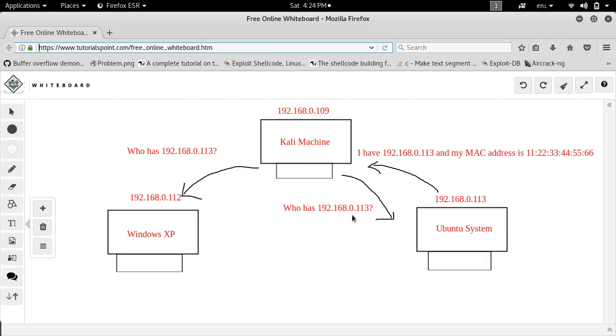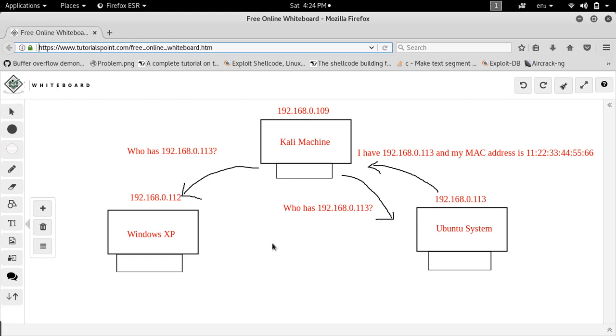This can be seen here. Suppose we ping a Ubuntu system, so it will send an ARP request to all the other systems in my network, saying who has this particular IP address. Suppose I only have two other systems except the Kali machine, which are Windows XP and Ubuntu. So it will send this message to both of these systems.